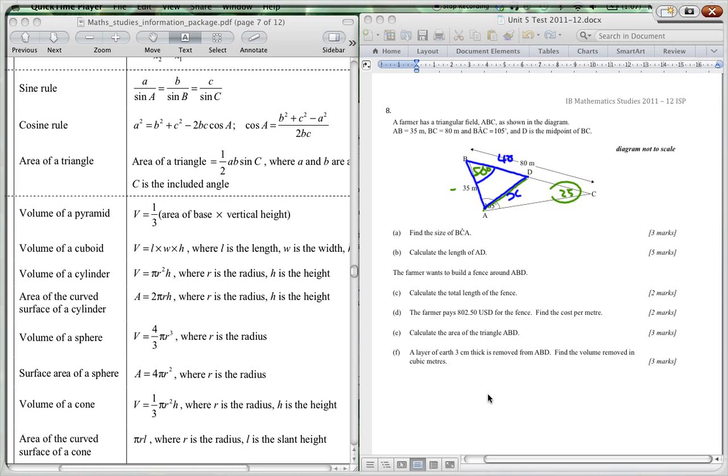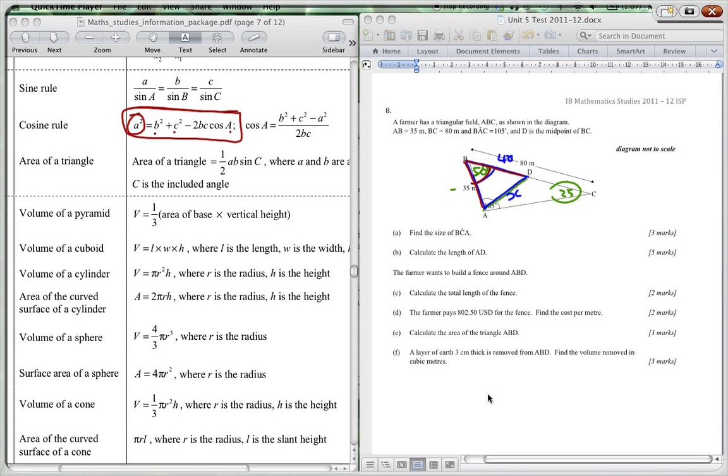Now, when we've got side, angle, side, we use the cosine rule. I'm going to use this cosine rule here, because this is finding the side, and these are your two sides and the included angle.